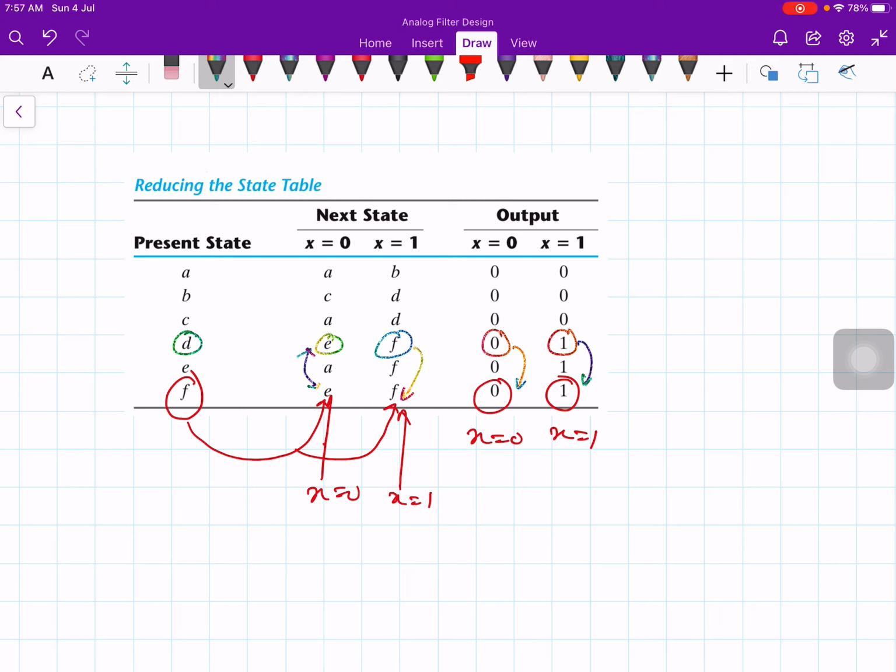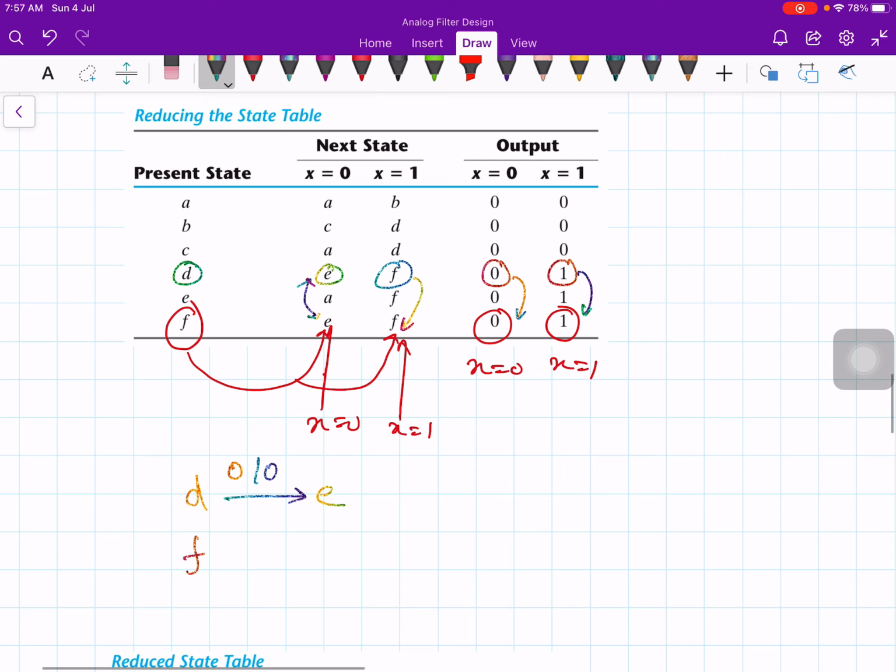So any one row can be deleted now. Okay, so D, if we give 0, output is 0, it goes to E. The present state is F, give 0, output is 0, it goes to E. The present state is D, and give input 1 and the output is 1, it goes to F state.